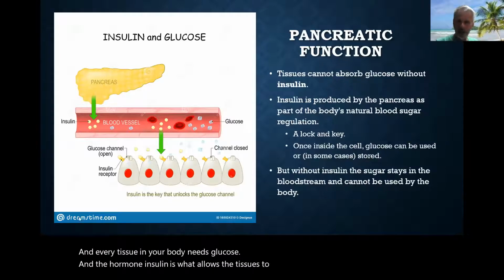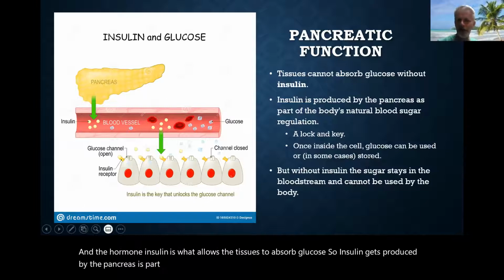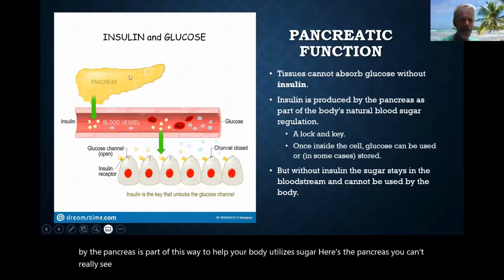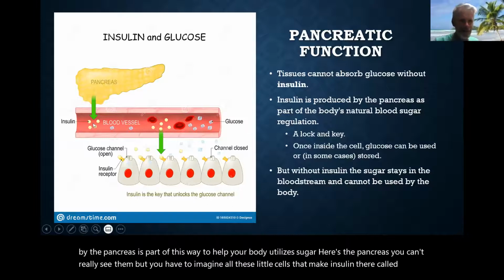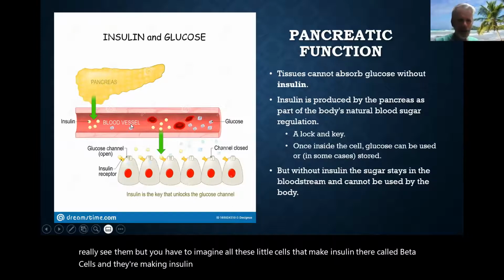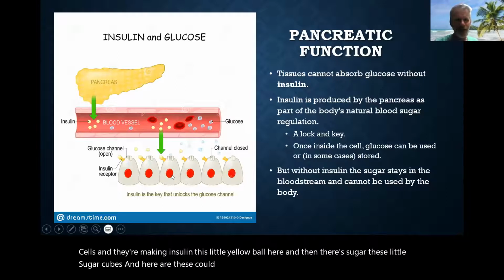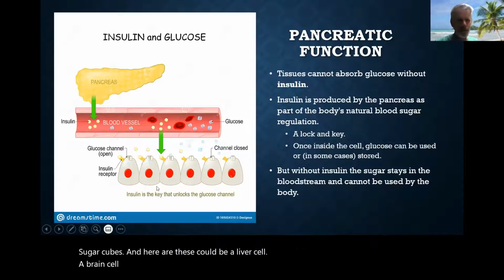So insulin gets produced by the pancreas as part of this way to help your body utilize sugar. Here's the pancreas. You can't really see them, but you have to imagine all these little cells that make insulin. They're called beta cells, and they're making insulin, this little yellow ball here. And then there's sugar, these little sugar cubes. And here, these could be what? It could be a liver cell, a brain cell, a spleen cell, whatever you want, right? These are all important little cells here.